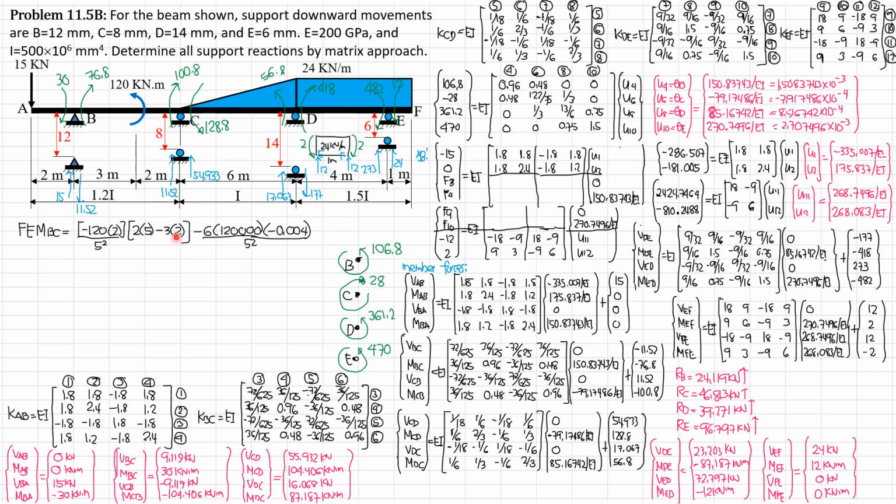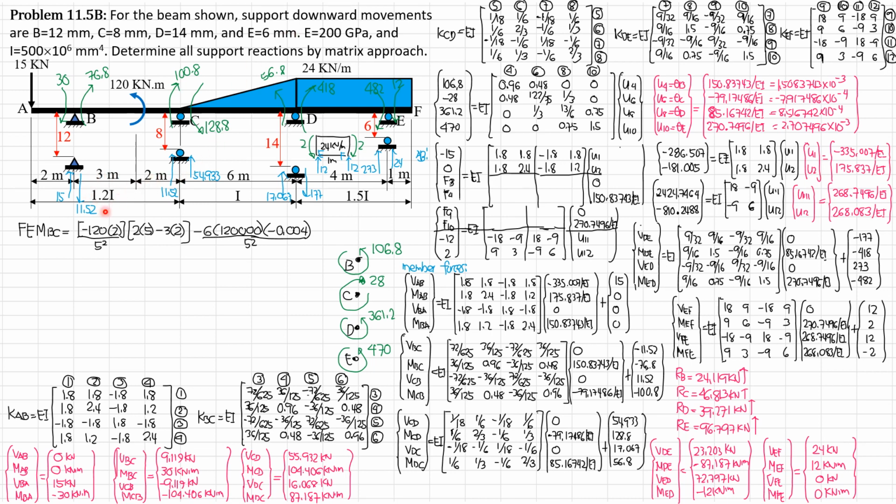Then for the support settlements, the rotation of BC is counterclockwise, and delta is the difference of these support movements, 12 minus 8, 4 mm, and 4 mm is treated negative in the formula. Side sway moment formula is negative 6EI delta over L square, where delta for counterclockwise rotation is treated negative. So negative 6EI, and EI is 100,000.